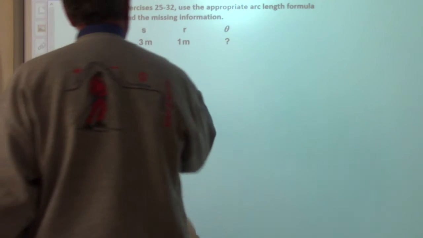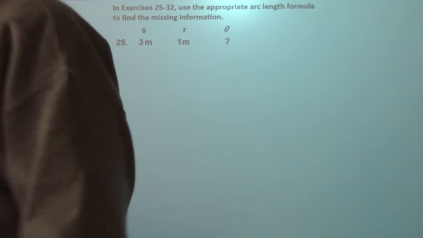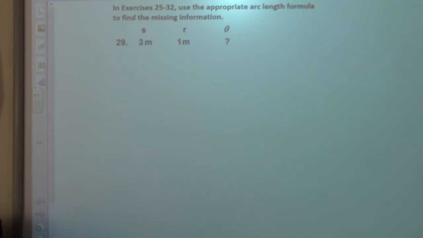Okay, next we have problem 29. Riley, is this going to be theta equals S over R? Yeah, exactly. So Riley says this is going to be theta equals S over R, is that right? Yeah, okay. That's going to be right.